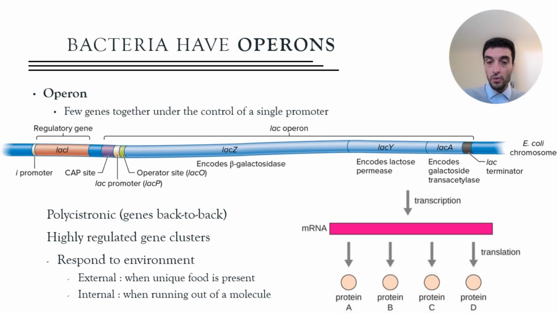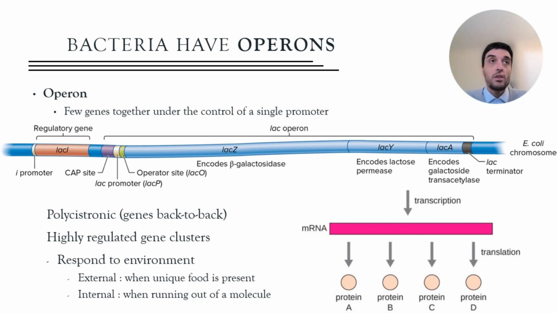So it's going to be producing beta-galactosidase, lactose permease, galactoside transacetylase. So it's going to produce a lot of different proteins that are going to be important for the bacteria to use lactose as its source of sugar. Okay, and this operon also has structures to promote and regulate the operon directly, and it's also going to be regulated by regulatory genes that are outside the operon.